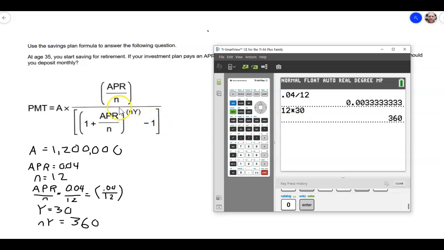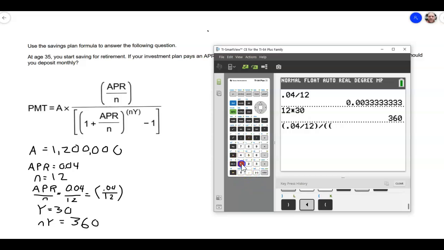But here I can put all of this in. I'm going to start with the top, which is the APR over N, so that's 0.04 divided by 12, close parentheses. And this is going to be divided by, and this whole thing is going to be in parentheses, so open parentheses again.